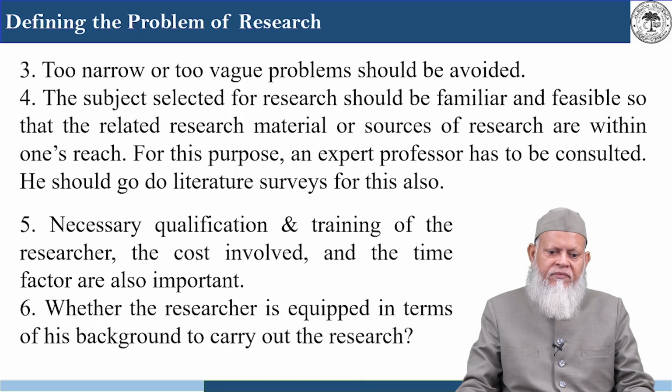Because the topic may be very attractive, very good, but if the data is not accessible, then how can we complete the research? We will have to leave it in between. This is why we should avoid choosing too narrow and too vague problems.